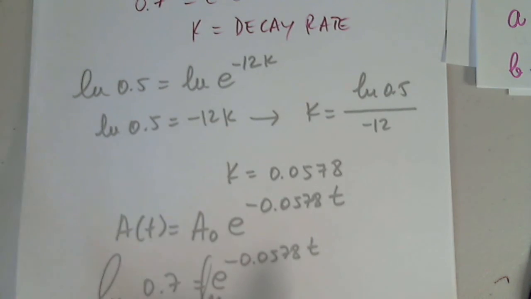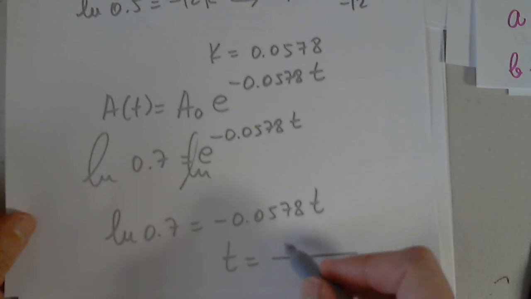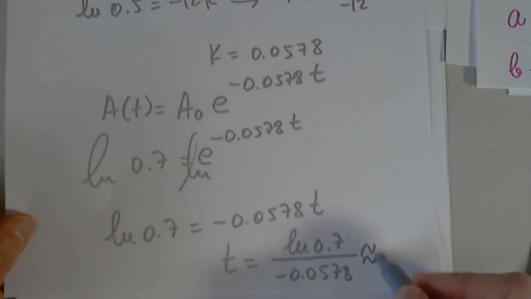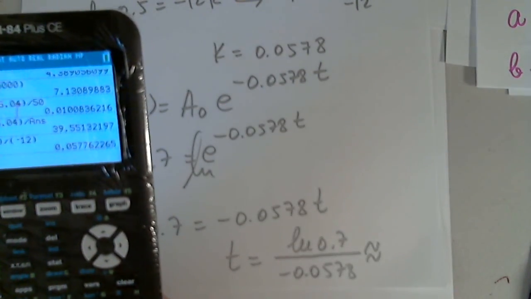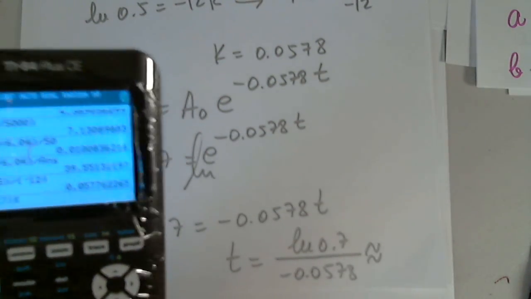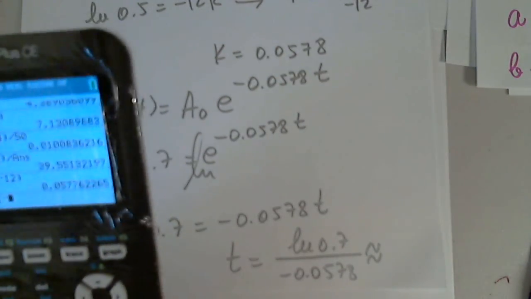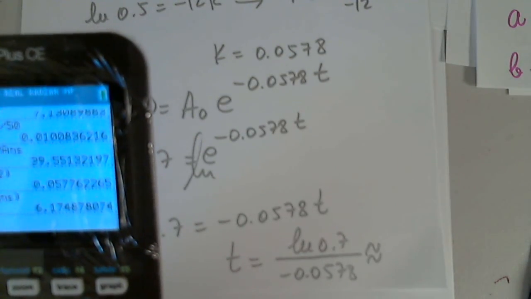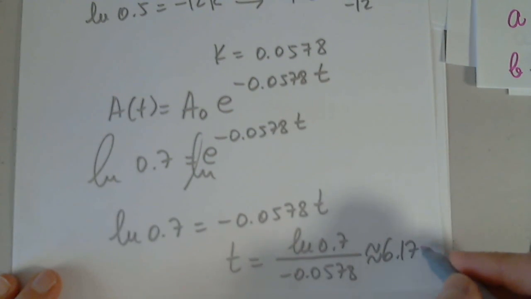It should be multiplied by natural log e, but that's 1, and that's final. Natural log of 0.7, negative 0.0578, and then we approximate. It must be less than 12 hours. So natural log 0.7 divided by negative the previous answer. 6.17. 6.17 hours.